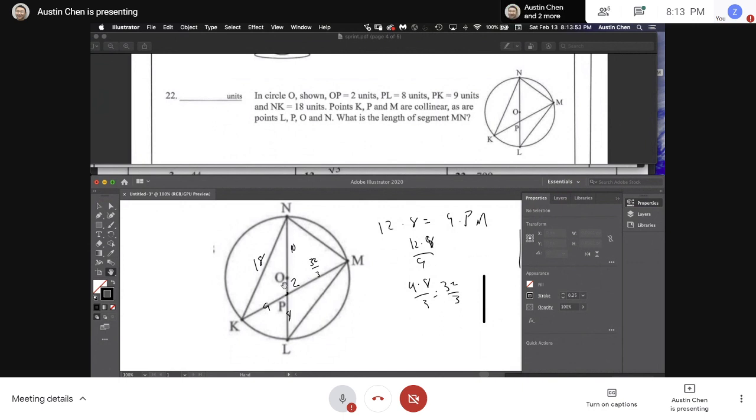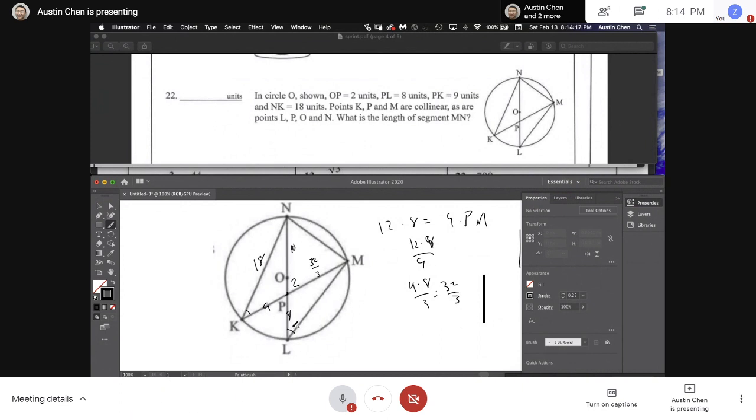One thing you can find is that triangles KNP and LMP are similar. Why? Because angle K and angle L are the same angle. Why? Because they are both points on the circle, and they intersect the same arc.